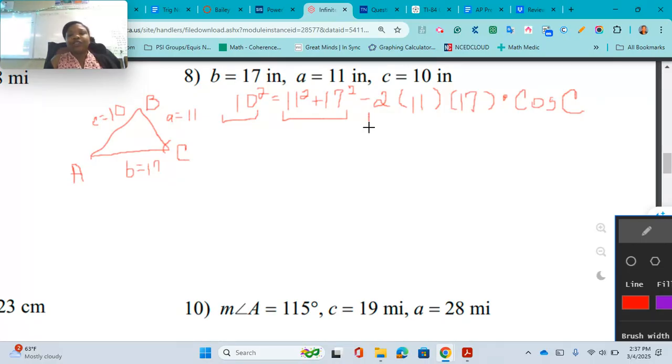The negative 2 times 11 times 17. 10 squared is 100. 410 for the 11 squared plus 17 squared. For the negative 2 times 11 times 17, we have negative 374.